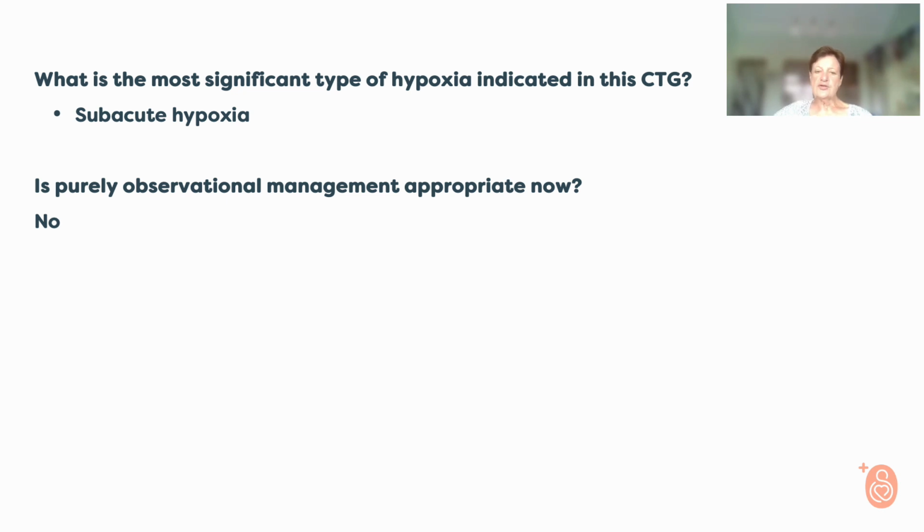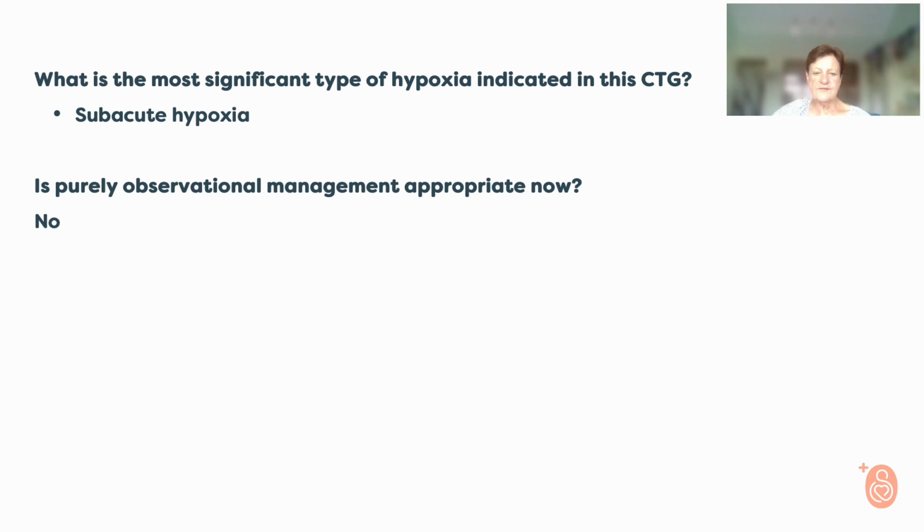Then we have an acute hypoxia where the hypoxia develops very quickly, but then we also have a subacute hypoxia that's almost in between the two. It's not chronic and it's not acute, but it is developing in between, and we usually get that when we get increased variability.